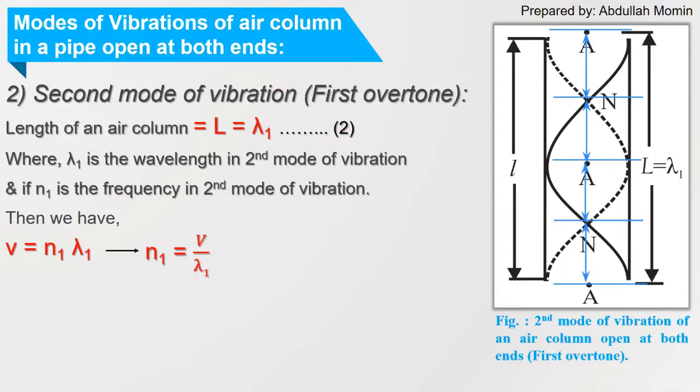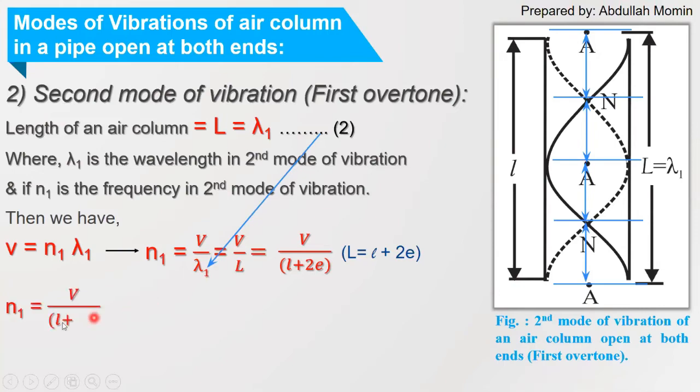So V by L, which is the equation of N1, or we can write V by small l plus 2e, which is the corrected length of the pipe open at both ends. So N1 is equal to V upon small l plus 2e.